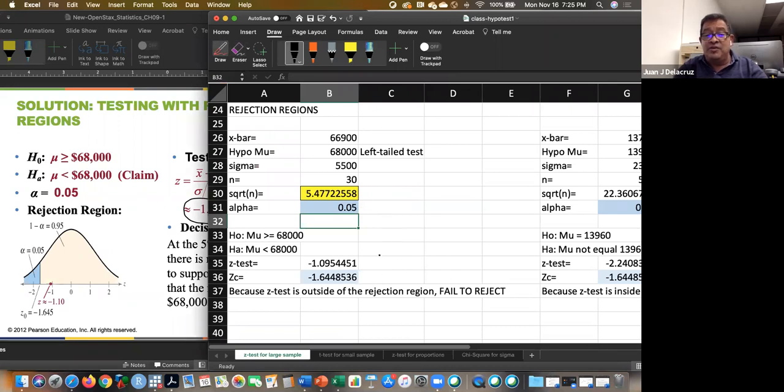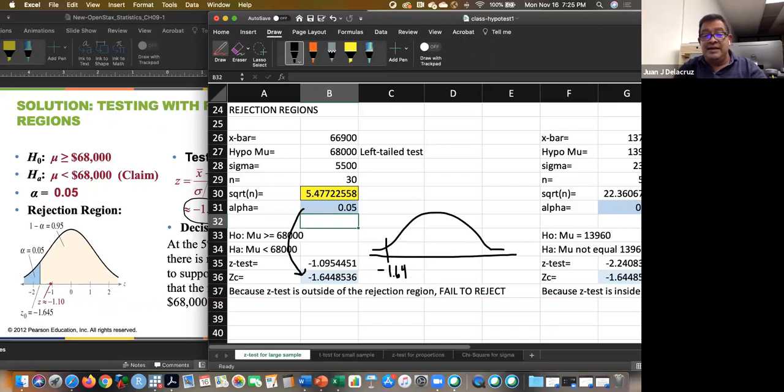So what we have is the following. We have a standardized normal distribution. So we have a C-score. This C-score comes from alpha. So this is the critical value. So we have a minus 1.64.